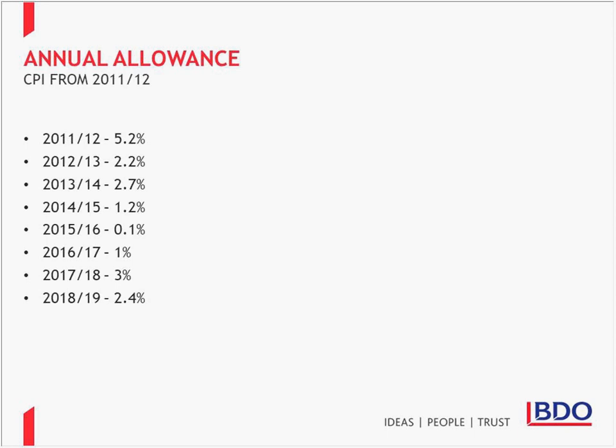Depending on the level of CPI, that will have an impact upon your pension benefits and then upon the growth. So if we look at 2015-16, you can see inflation was at 0.1%. There was an increase in 2016-17 where inflation rose to 1.1%.